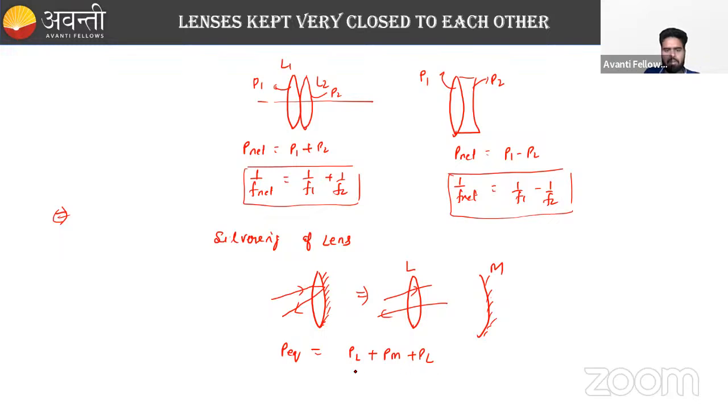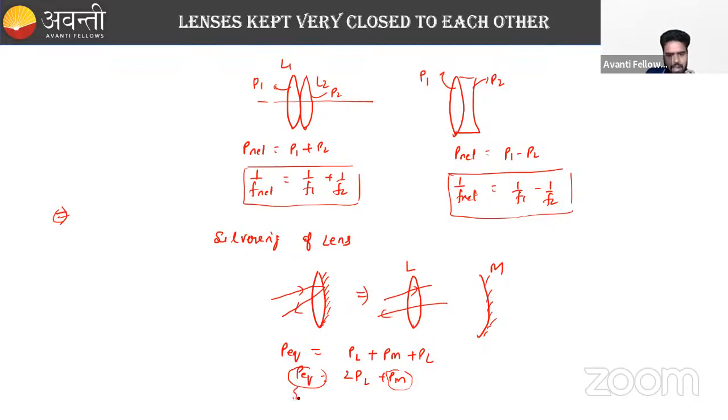In this manner, we can say that P equivalent is PL plus PM plus PL, that is 2PL plus PM. But the power of mirror we consider negative, because a concave mirror has negative characteristics, and the final ray is moving because of the reflection.